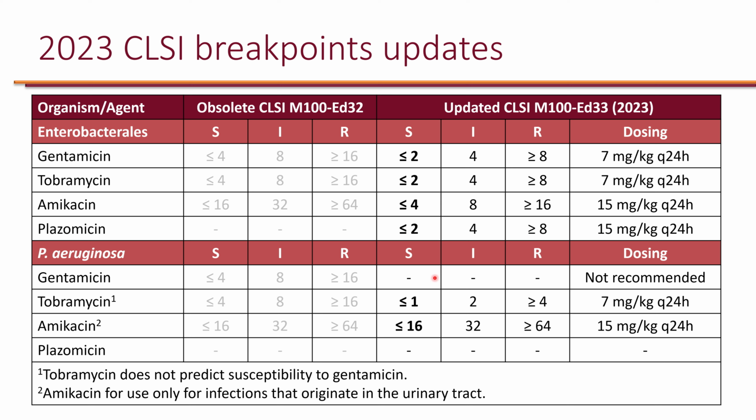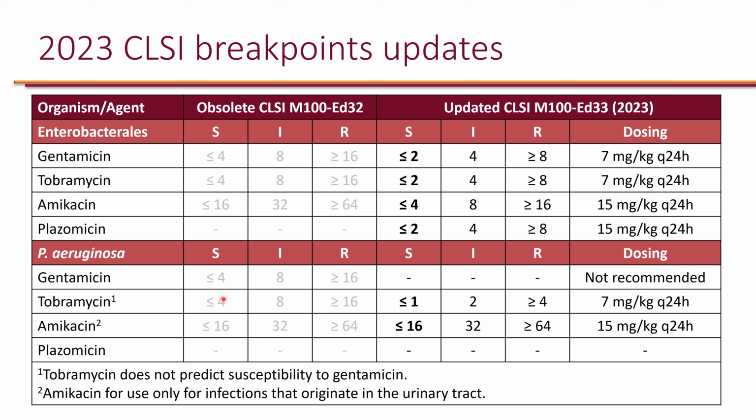So in fact, there are no criteria for susceptibility for gentamicin in regards to Pseudomonas. So it was actually removed. In other words, if a sample is sent to the micro lab, they should not be testing it against gentamicin. You should just consider that resistant. They will not be testing to report it as either susceptible, intermediate, or resistant, because it will just not be susceptible. So we should just consider it resistant.